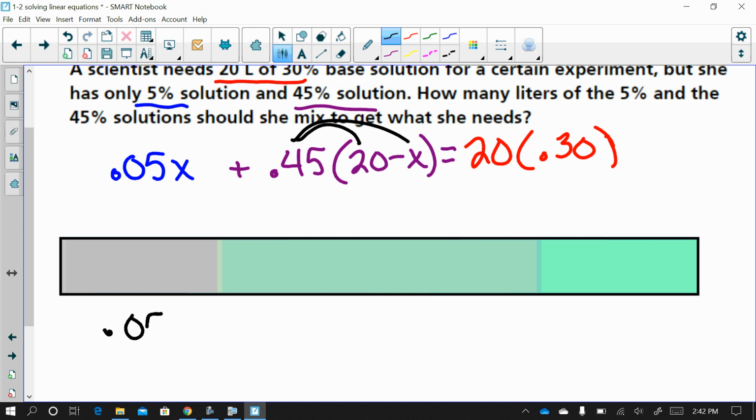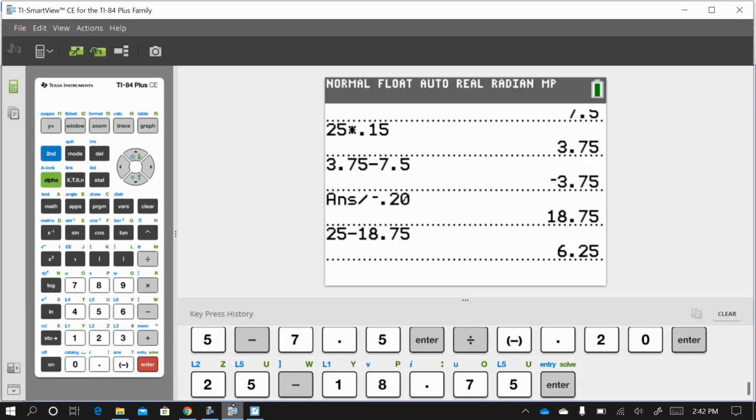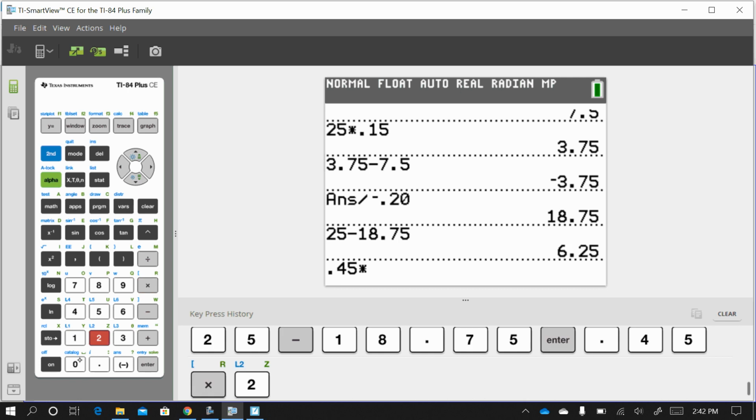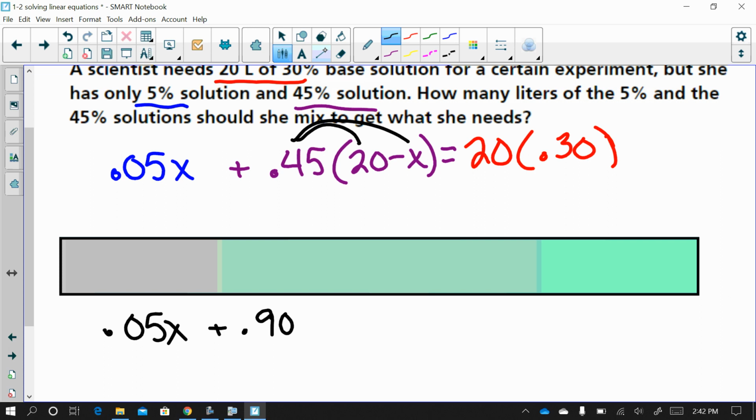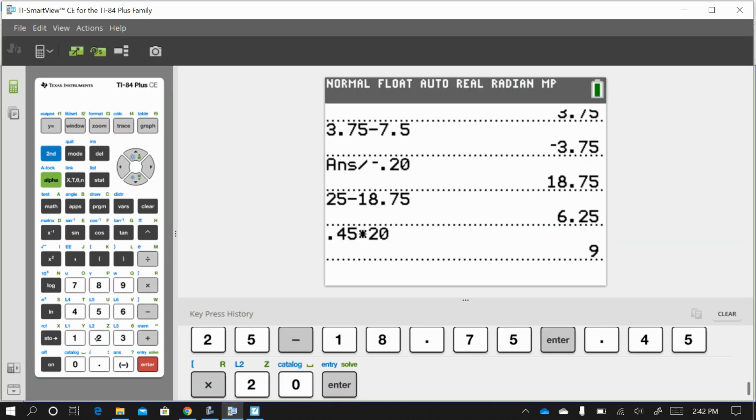Okay, so 0.05x plus 0.9, I think. Let me check that, 0.45. Oh, it's just 9. Minus 0.45x equals, I think it's 6. 20 times 0.3.